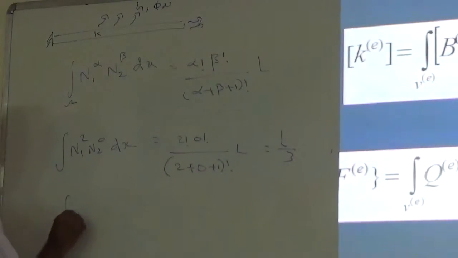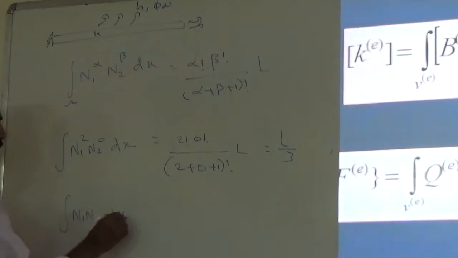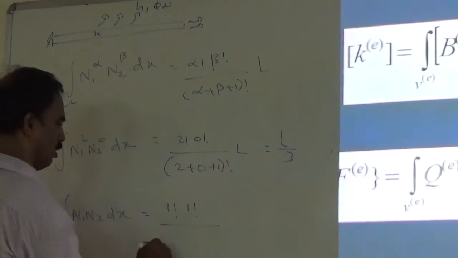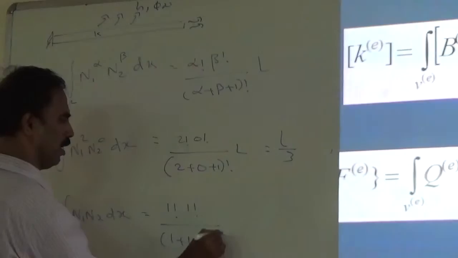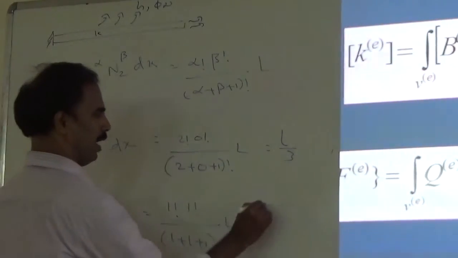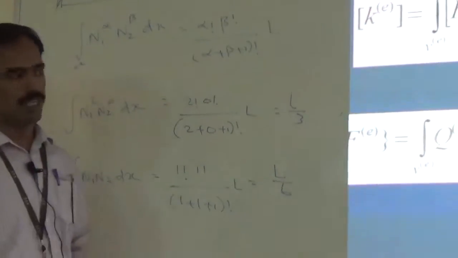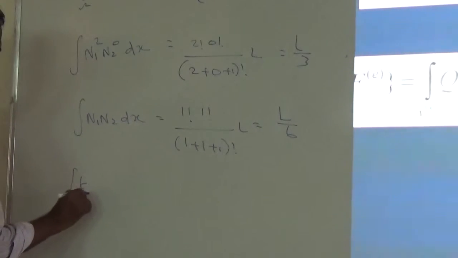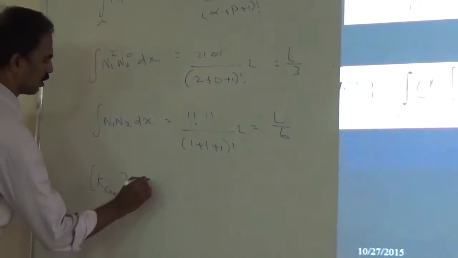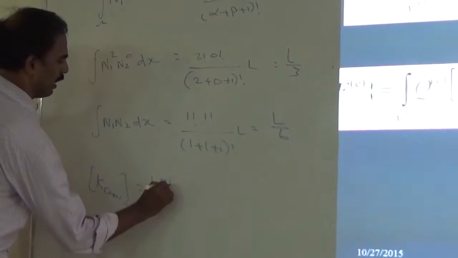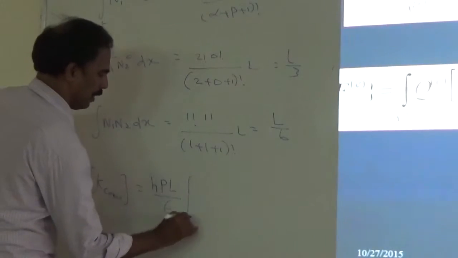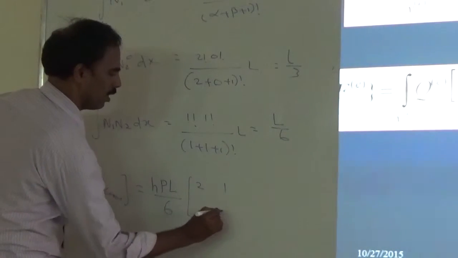Second one, the integral of N1 N2 dx: 1 factorial, 1 factorial, over 1 plus 1 plus 1 factorial, into L. So you will get L by 6, right? Now the convection term becomes HP, I can take L by 6 outside: HP L by 6, 2, 1, 1, 2.